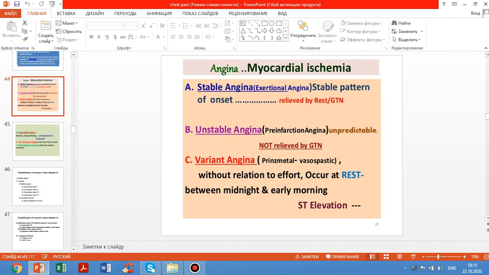Unstable angina, peri-infarction angina: unpredictable, not relieved by nitroglycerin. Variant angina is called Prinzmetal vasospastic angina, without relation to effort, occurring at rest between midnight and early morning. The ECG can show ST elevation.